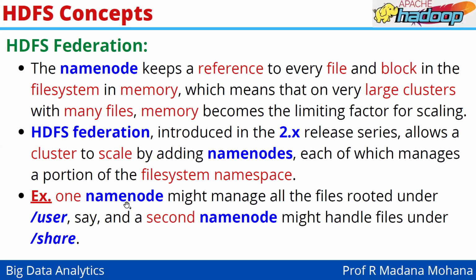For example, one name node might manage all the files rooted under the directory /user, and a second name node might handle files under /share.